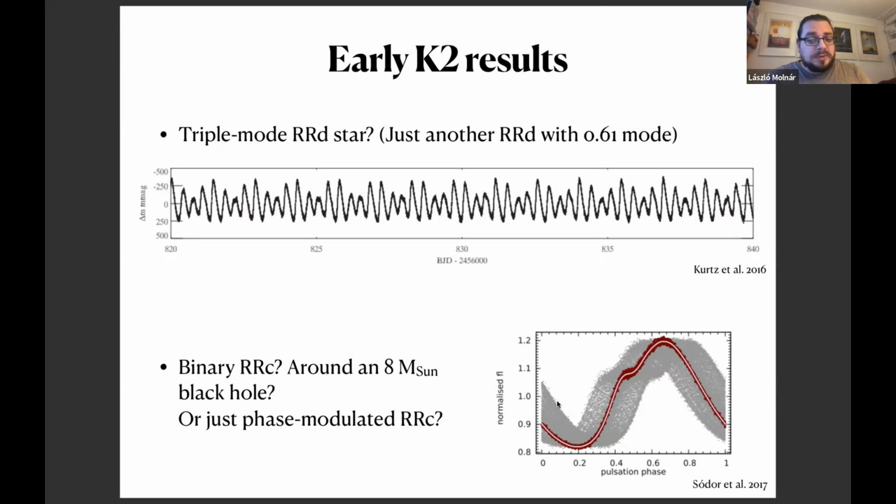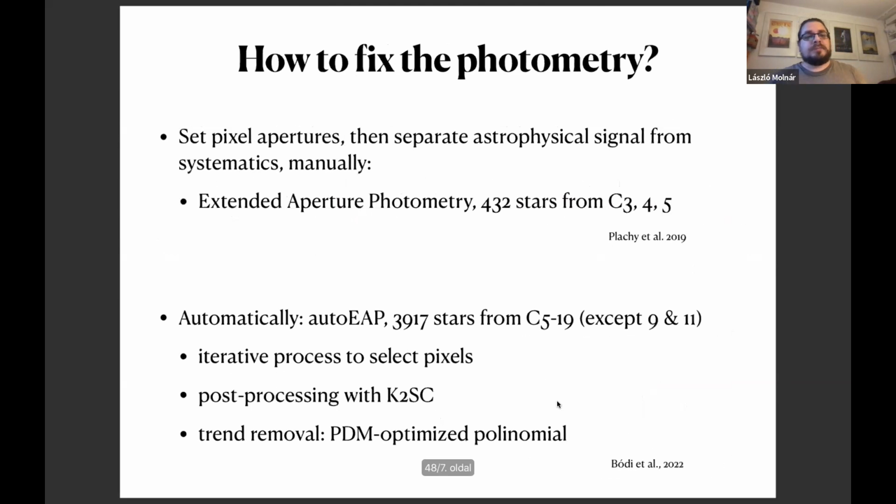But if you calculate the required mass, it turns out that you need an 8 solar mass black hole for this RRc star to orbit to cause this strong phase modulation, which I think we can pretty much rule out based on statistical grounds, because of course you should need to see a lot more in RRab stars that do the same because they're inherently more abundant, but we are not seeing that. So it's probably not a black hole orbiting, but rather some other effect that causes the RRc stars to show strong phase modulation.